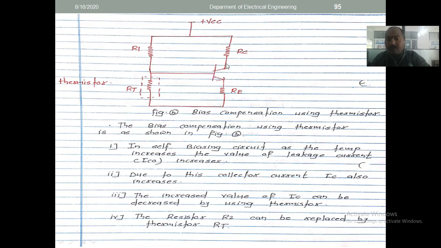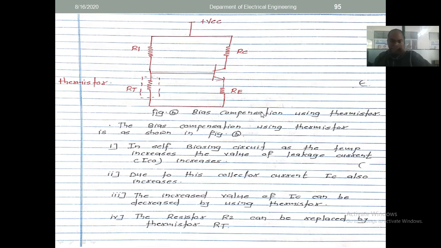We know that the output current is the addition of the current due to the minority charge carriers and the current due to the majority charge carriers. So as the minority charge carrier current increases, the collector current IC also increases, right?